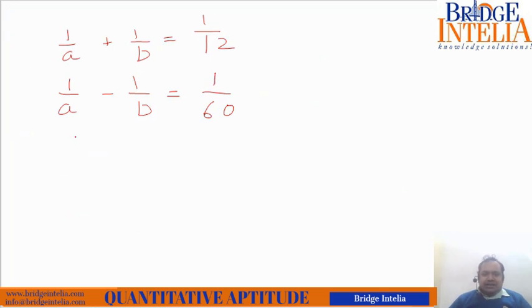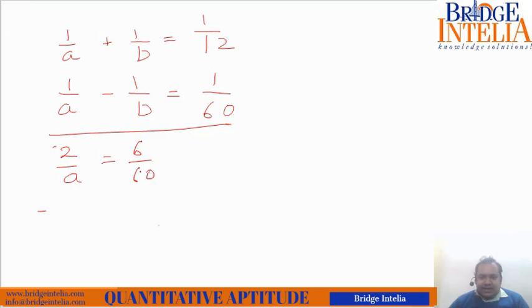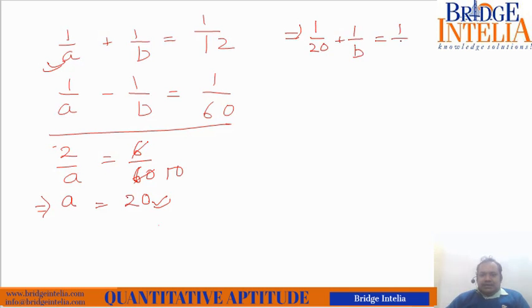If you add these two up, 2 by A is equal to 6 by 60. So A is equal to 20. If A is equal to 20, you can find the value of B. I am substituting this value in this equation: 1 by 20 plus 1 by B is equal to 1 by 12.